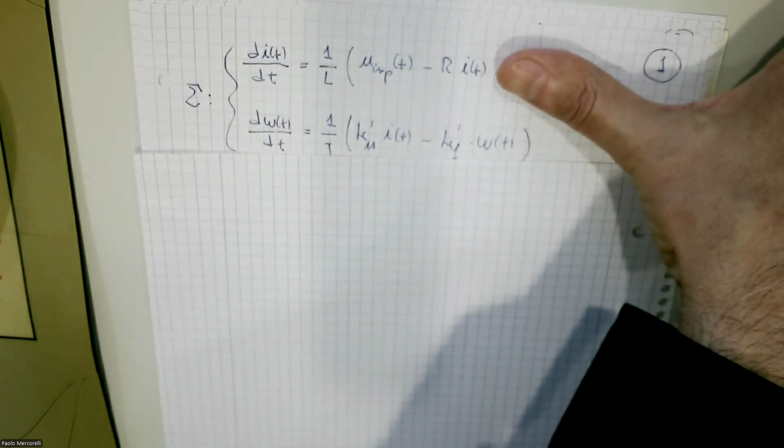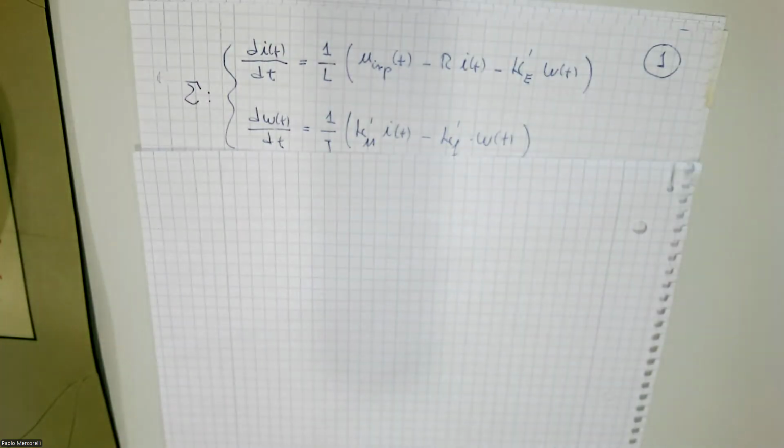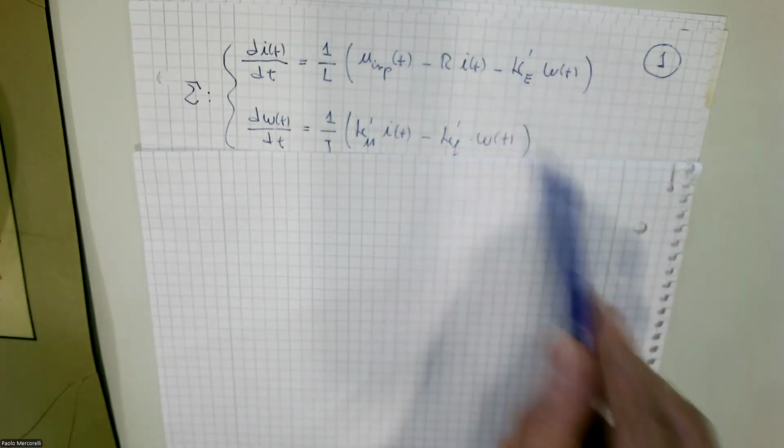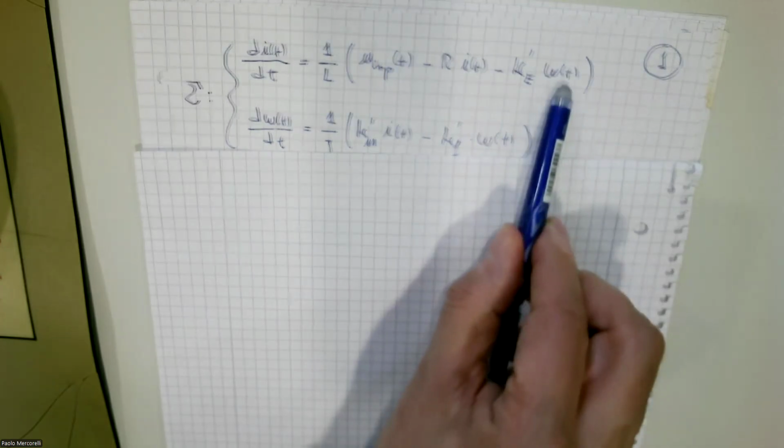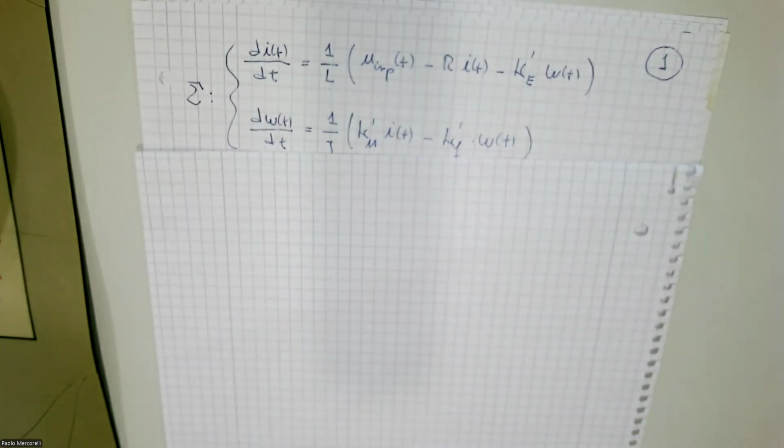Basically, the first equation is the electrical behavior of the system, even though we have a feedback from the mechanical one, because omega represents the angular velocity, I represents the current.